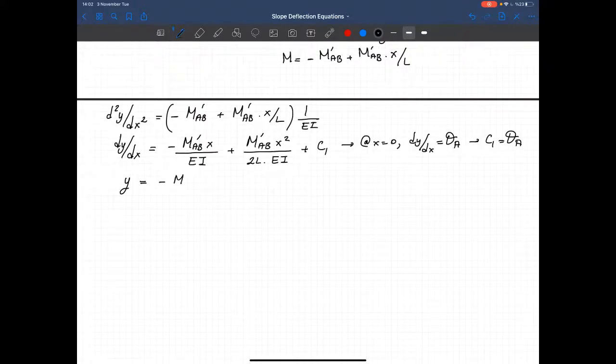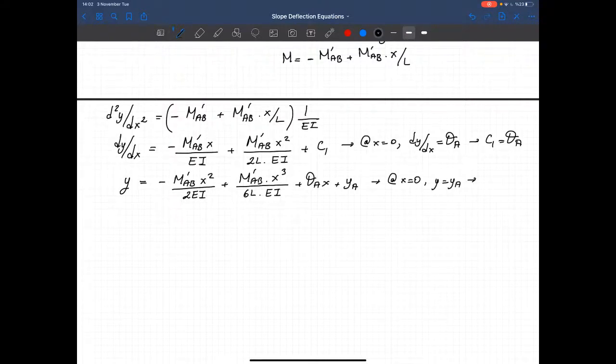Minus MAB prime x squared over 2EI plus MAB prime x cubed divided by 6L times EI plus theta x plus, I will just directly write YA. Y is equal to YA. So this tells me that C2 is equal to YA. Okay?